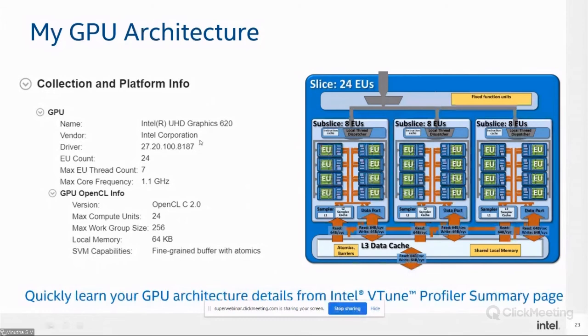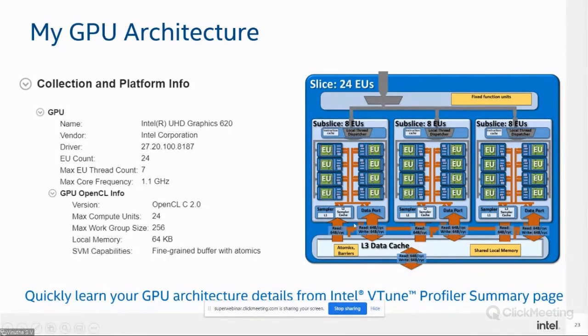With Gen 9, we have a single slice, which in turn has 3 sub-slices. These sub-slices host the execution units, and each has 8 execution units. All of them are interconnected, and they have their own L1 and L2 and are connected to the L3 data cache using the data port.